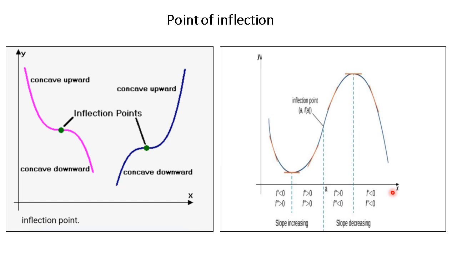Therefore the point a, with x coordinate a and y coordinate f of a, the point (a, f of a) is a point of inflection. In simple terms, a point of inflection is a point where the graph of a function changes from being convex to concave or concave to convex. That's all.